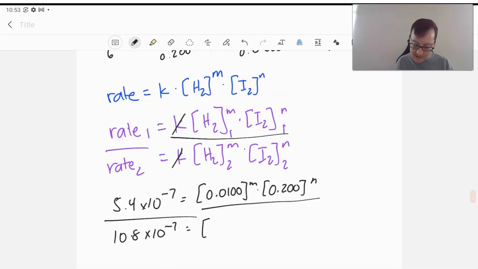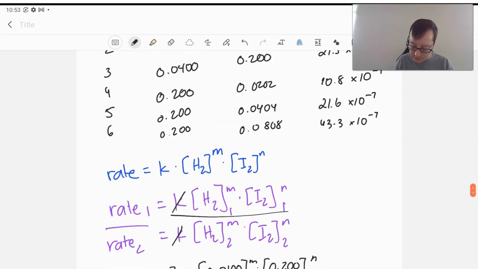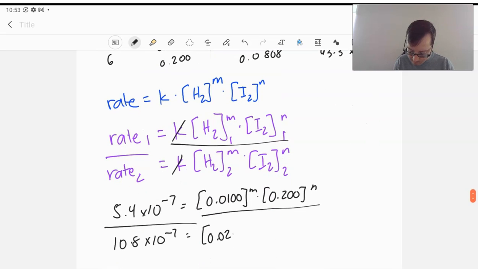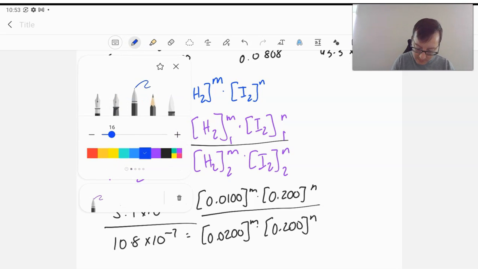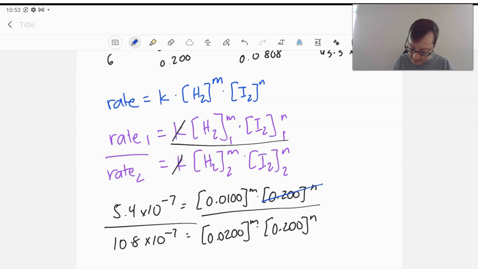We're going to see that our second hydrogen was 0.02 times 0.2 to the n. Notice that since our iodine is the same in both experiments, that gets canceled out. Right? 0.2 to the n power over 0.2 to the n power is just 1.